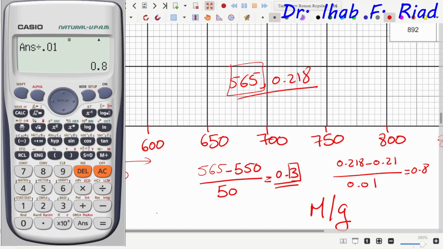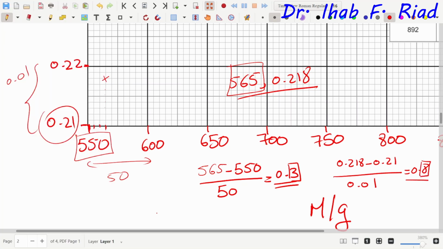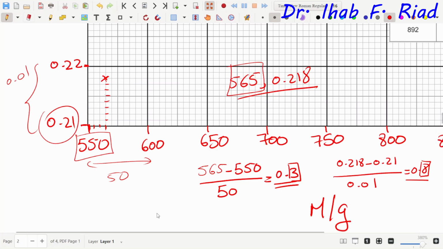How can we interpret this value? We look at the first number after the decimal point. It says 8, meaning it is 8 small squares away from 0.21. So let us count 1, 2, 3, 4, 5, 6, 7, 8. And here is our first data point.